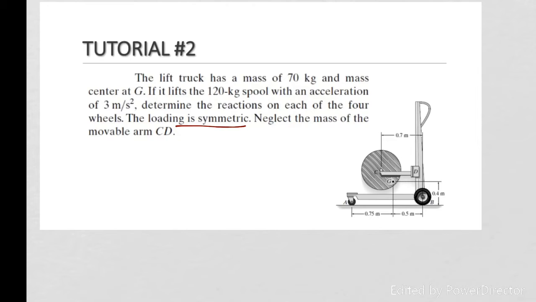It is not that the reactions at all 4 wheels are the same, because definitely the reaction at A and the reaction at B are different. It means over here at A, the 2 wheels basically have the same reaction. If you look at the 2 wheels over here at A, the reaction here and here are the same. The same happens to B as well.